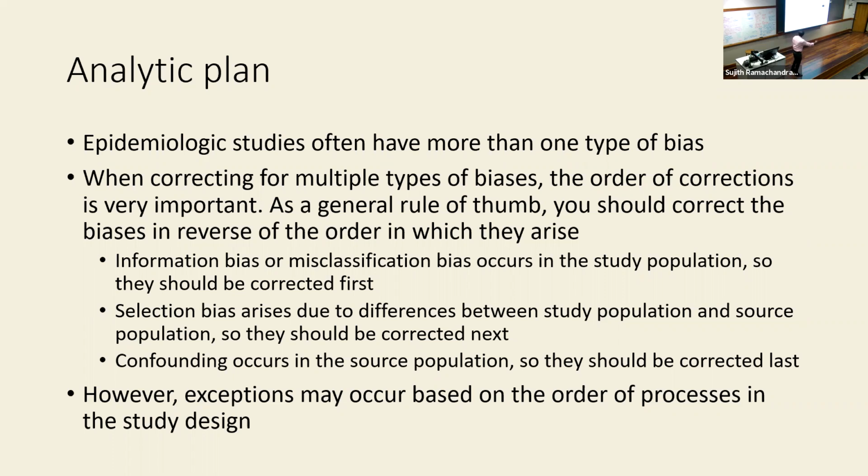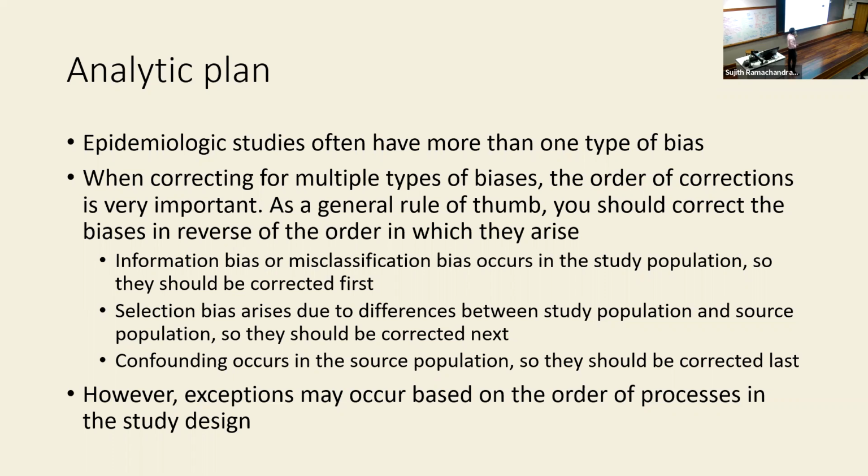Next, you may have selection bias because your study population is not comparable to the source population due to low response rates. That is the second type of bias you should account for. And then finally, you may have confounding, which is a type of bias that affects the whole source population, not just your study population. And that is the last type of bias you should account for. So you should address them in the reverse of the order in which they arise, starting from where your study was conducted all the way back to the source population.